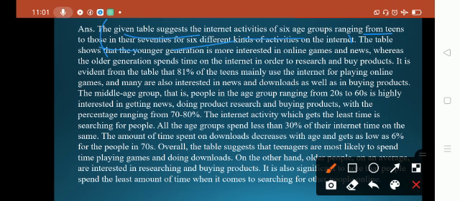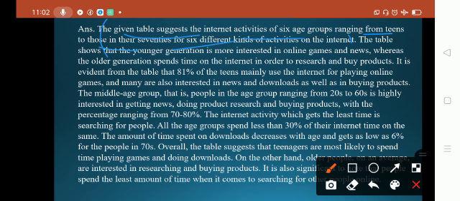So you have told in this information that the table is about using the internet, okay, internet activities from children to the aged person. The table shows that the young generation is more interested in online games and news, whereas the older generation spends time on the internet in order to research and buy products.